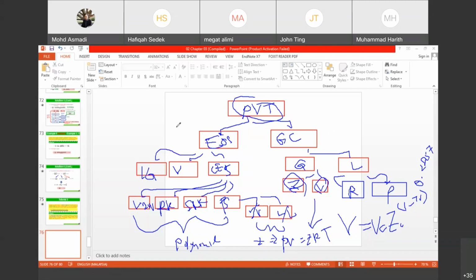Okay, this one already okay? You already jotted down the summary. This is the general overview of this chapter. Alright, so this one you have to consider the pressure. This one also pressure.